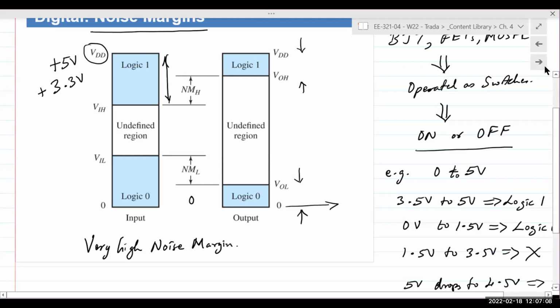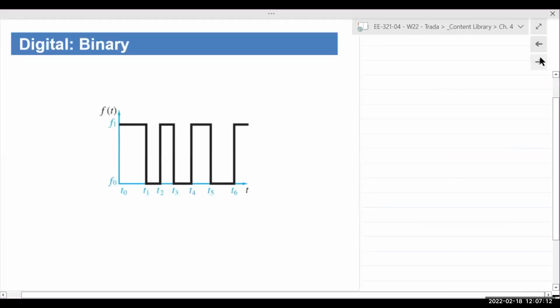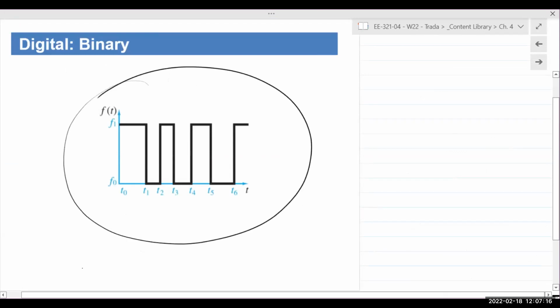So we talked about logic 0 and logic 1. This is a representation of a typical digital signal. And because there are only two values that it can take, let's say here, this is logic 1, and we say it's on. This is logic 0, say it's off. And then it alternates, right?